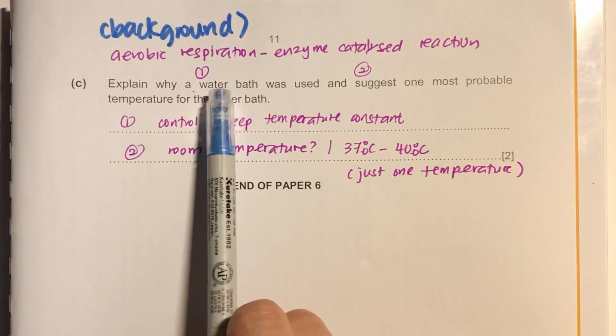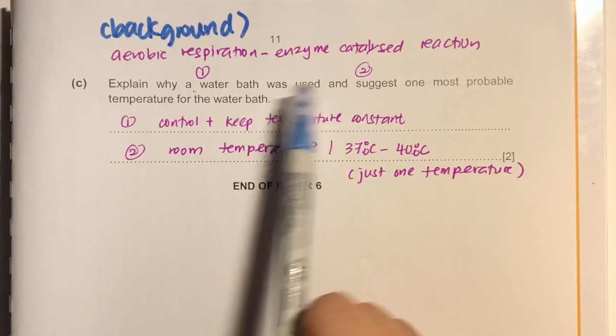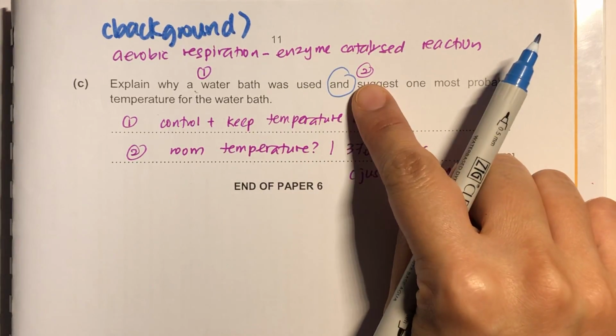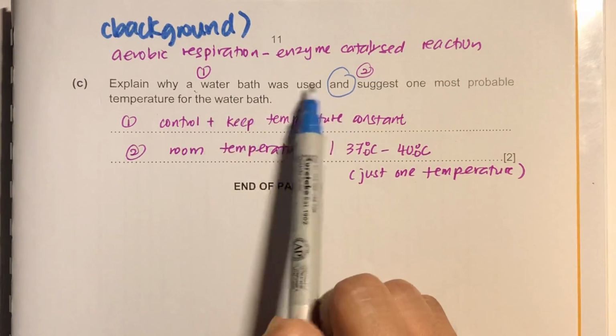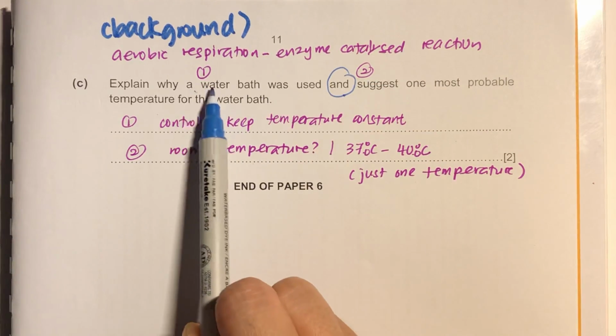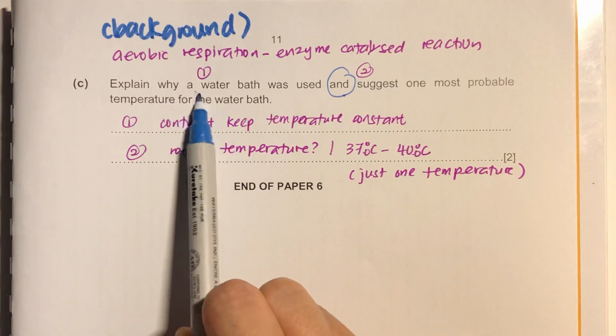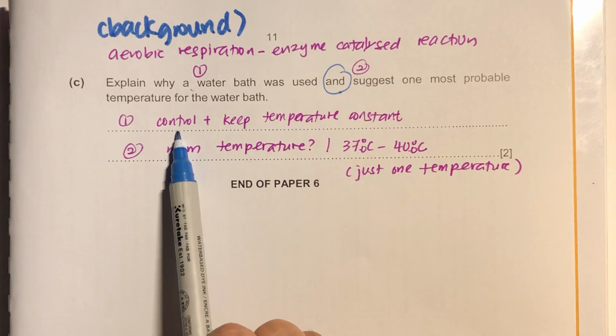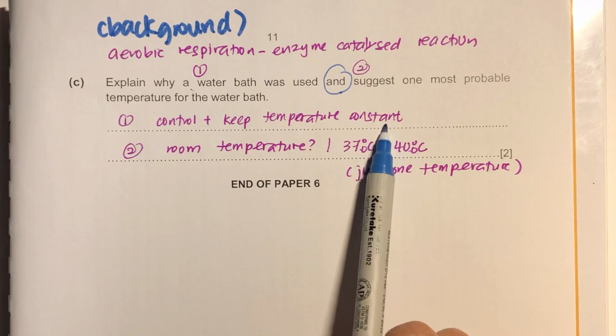So number one, there are 2 questions here. When you see the conjunction, that means there are 2 questions. Explain why a water bath was used is basically because you want to control and keep the temperature constant.